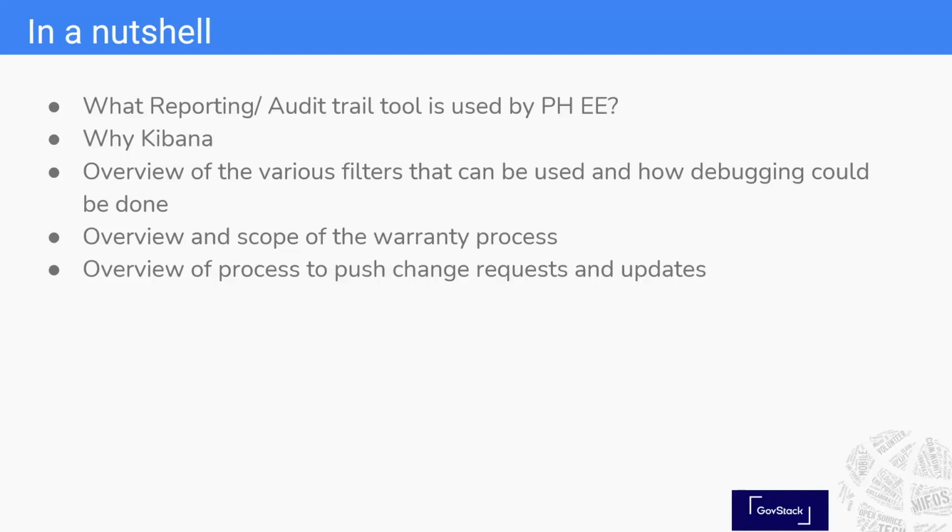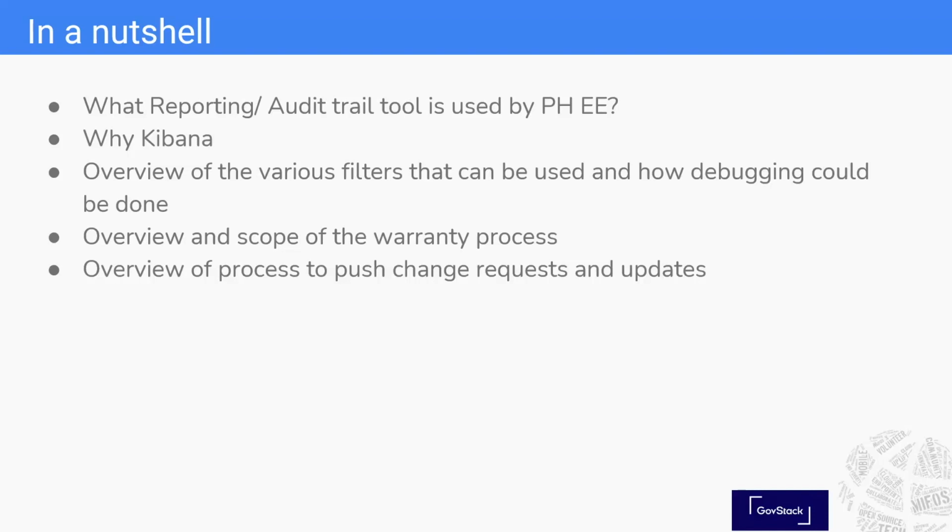Then we went through the overview of the processes that are there for warranty as well as for requesting changes. And David walked us through the portal for the users where profiles could be created and requests for change or any issues could be logged with all the information that is required, as well as their criticality and urgency.